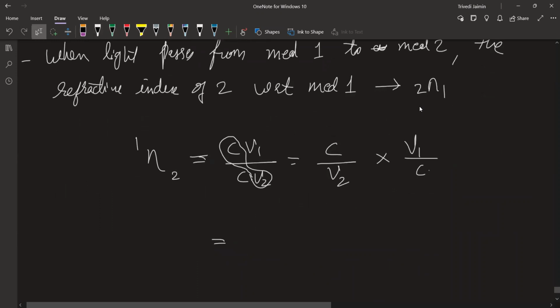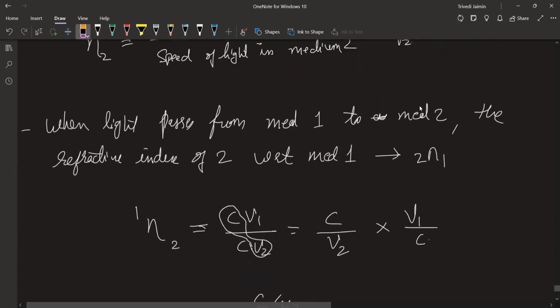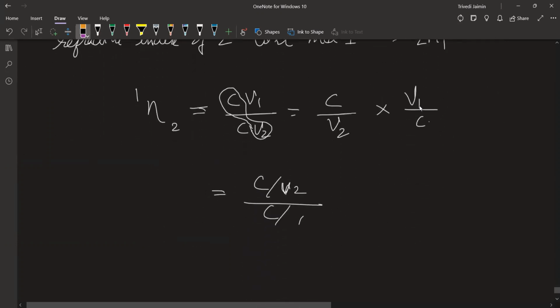So what I'll get here is c by V2 divided by c by V1. So it is used to find a relative refractive index. Actually, your formula is directly what I wrote above, but I'm just making it simpler, a different form.